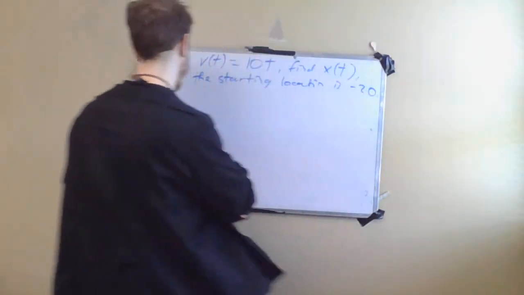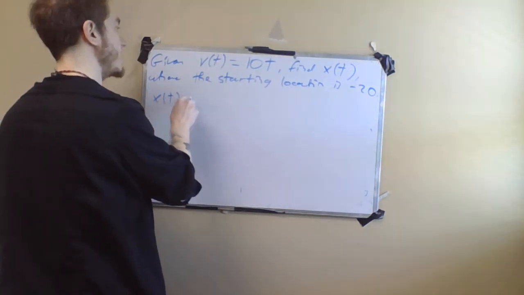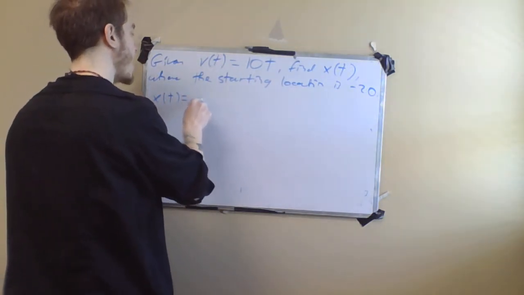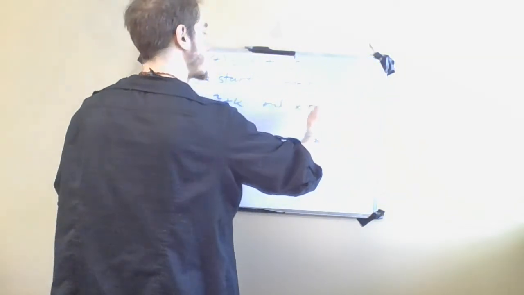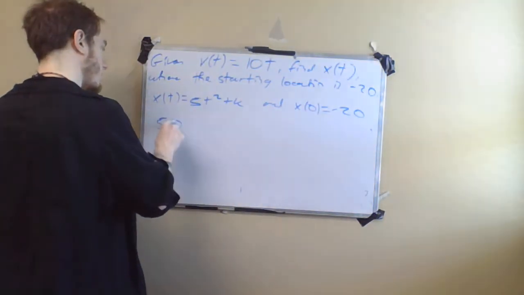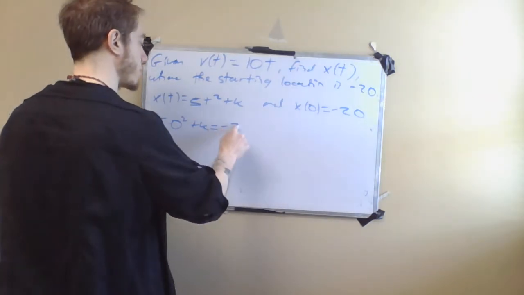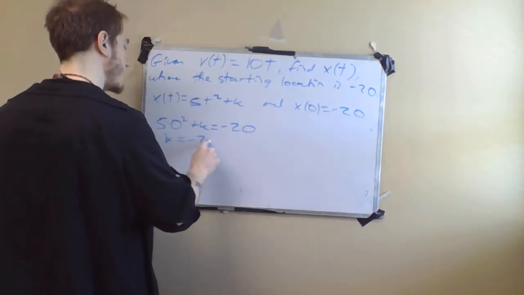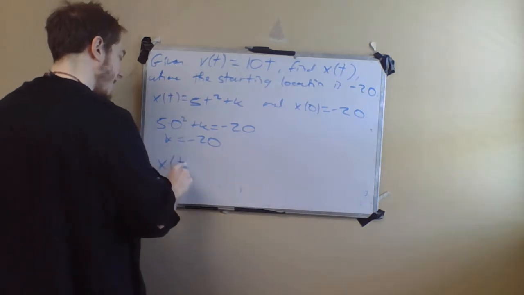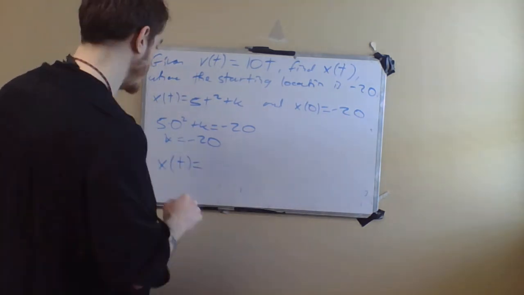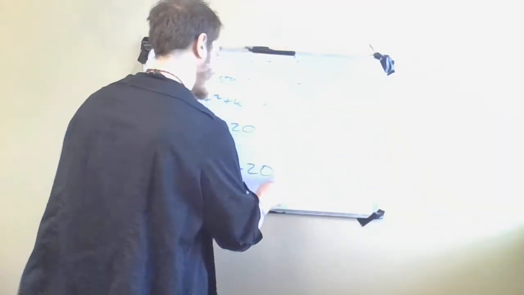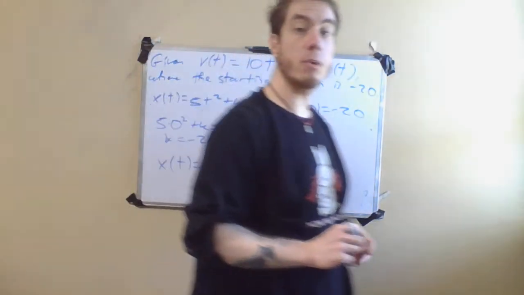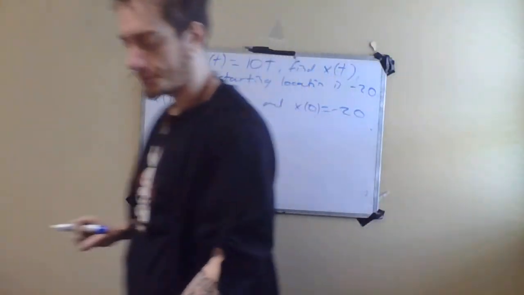Well, in this case, what we know is that x of t is going to be 5t squared plus k, and we know x of 0 equals -20. So if I plug in 5 times 0 squared plus k equals -20, it gives me k equals -20, and that gives me my function x of t equal to 5t squared minus 20. So there we go. We figured out our answer.